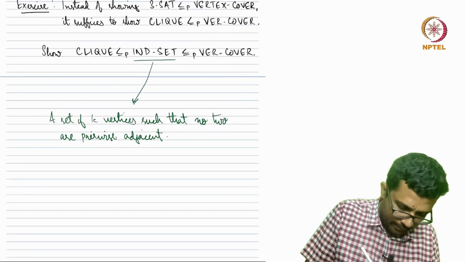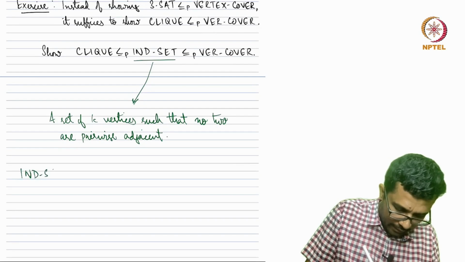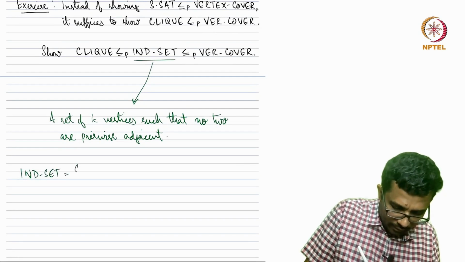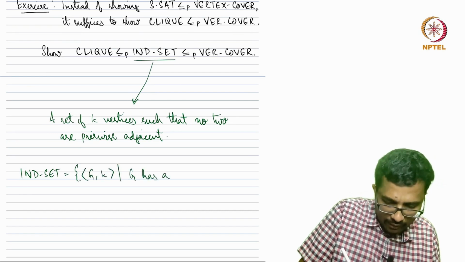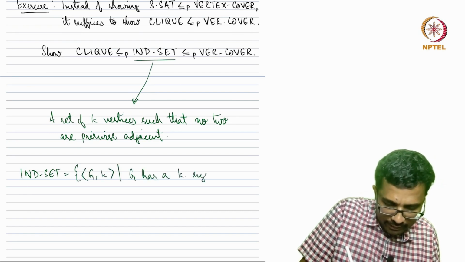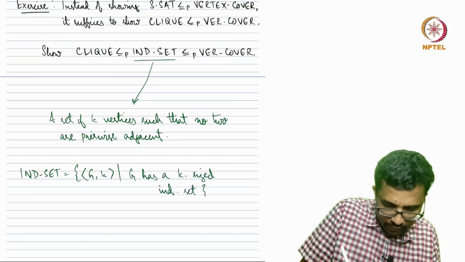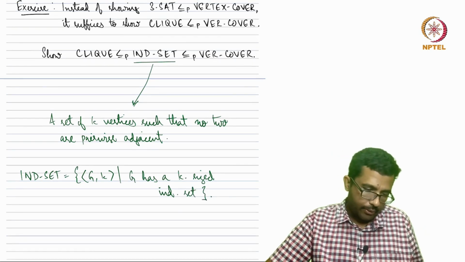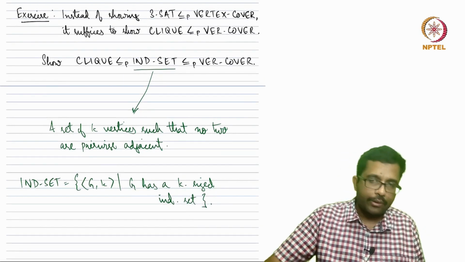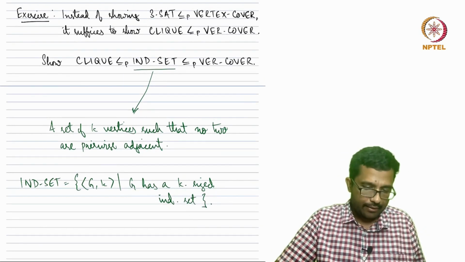And the language is independent set: G, k such that G has a k sized independent set, right? So you can reduce CLIQUE to independent set and then independent set to vertex cover.